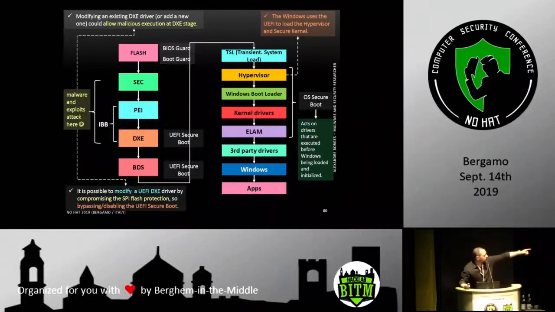On the other side, Windows bootloader, kernel drivers, and so on. We have some defenses. In this case, BIOS Guard, Boot Guard, UEFI Secure Boot here, and on the other side, we have the OS Secure Boot. In all these cases, it's possible to circumvent the protections.